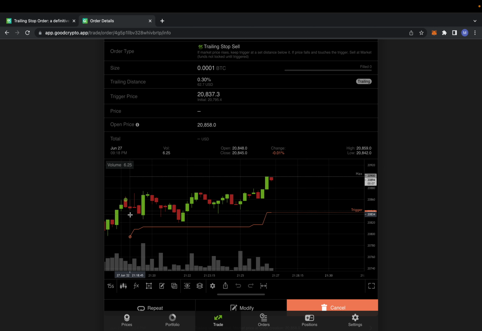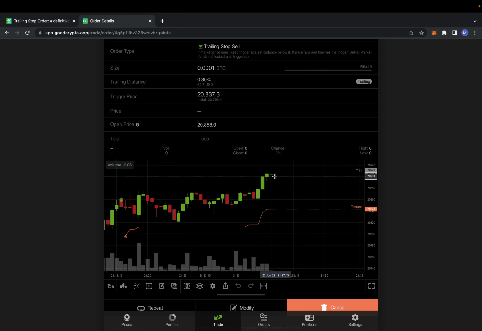So again, we sent a sell order somewhere here. The price was here. What triggered now is almost here. So now even if the price trend reverses and goes down, we would sell pretty much at the same price we could have sold here. But we'll see.